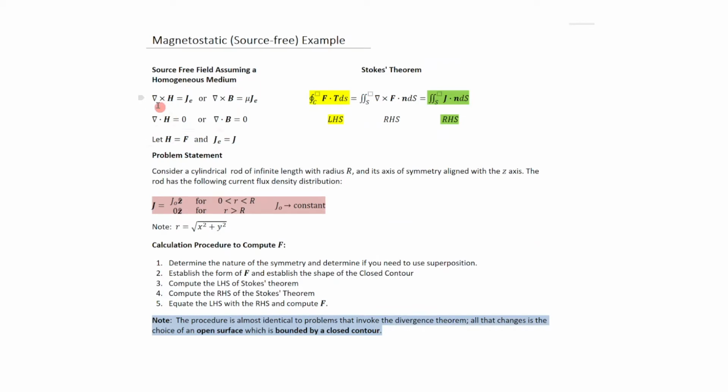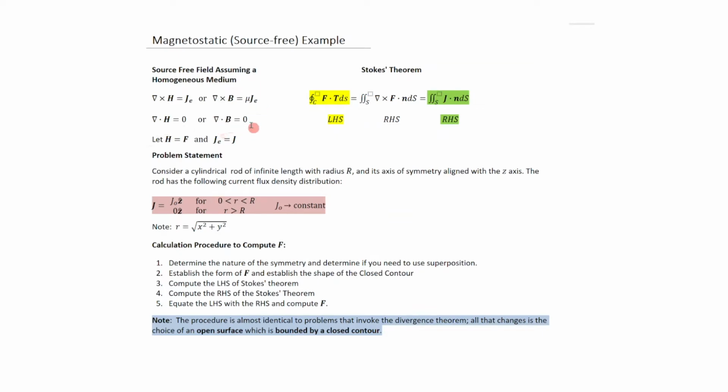If we describe it in terms of magnetic field, then we have one equation with a curl, one with a divergence, with a J subscript E. This is a current flux density. Or we could express it in terms of the magnetic flux density, in which case it would be curl of B equals mu times J subscript V, which is the current flux density, and divergence of B is equal to 0.